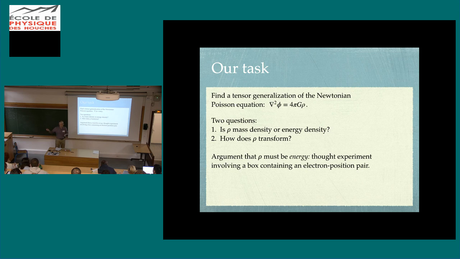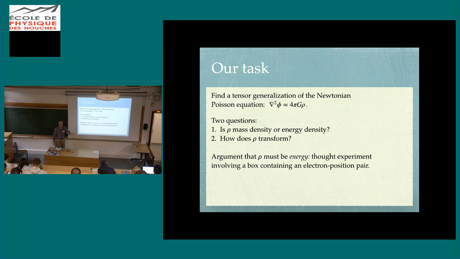If mass were the source of the gravitational field, there would be no gravitational field anymore, and my particle would go back out to infinity with kinetic energy that didn't come from anywhere. So the basic problem is that mass is not conserved in physical processes, whereas energy is conserved.